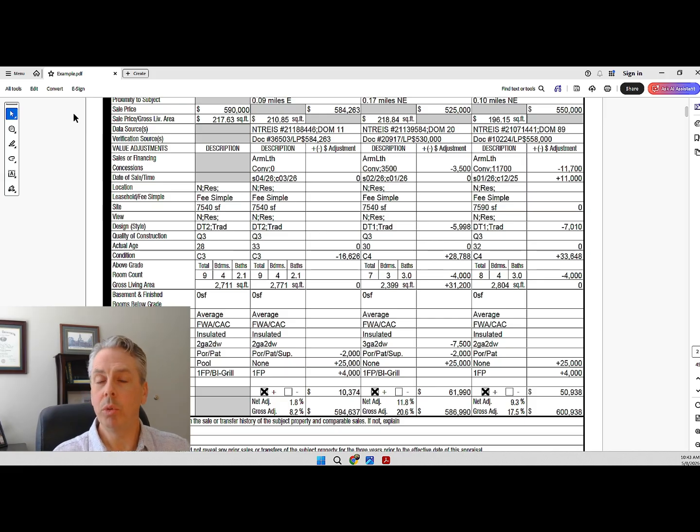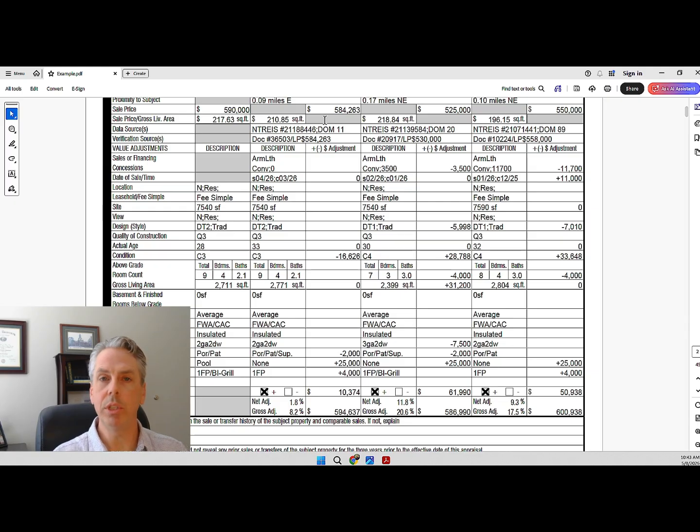So not surprisingly, we would expect that the opinion of market value would be closer to the actual unadjusted sale price of comp one. So we can't conflate the idea of similarity before or after adjustments.